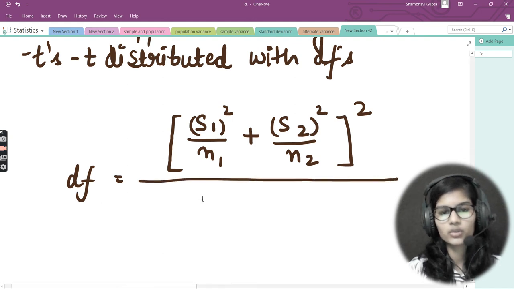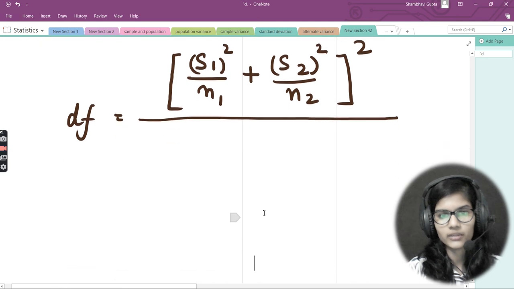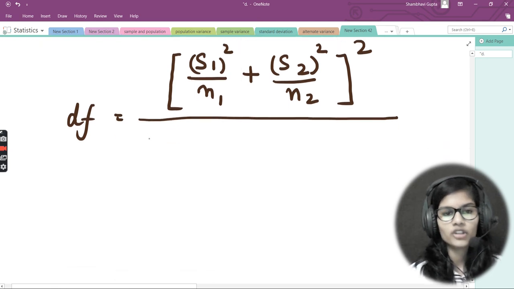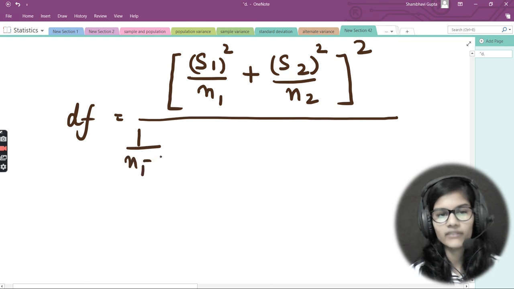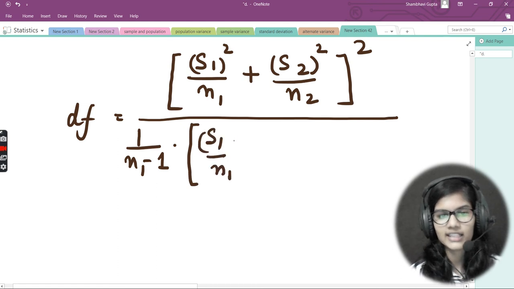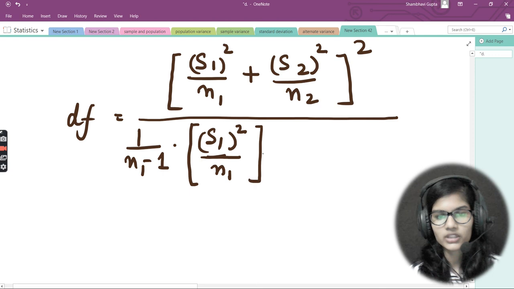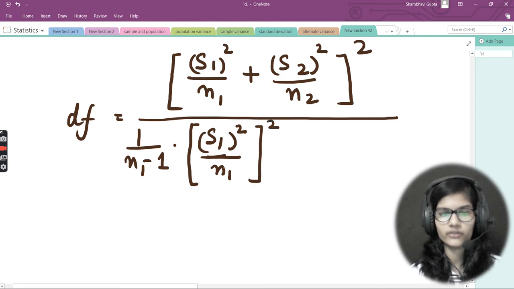Now let's go to the denominator. In the denominator, we have 1 upon n1 minus 1, multiplied by a bracket, and in the bracket I have s1 squared upon n1, close the bracket and put the square for this.